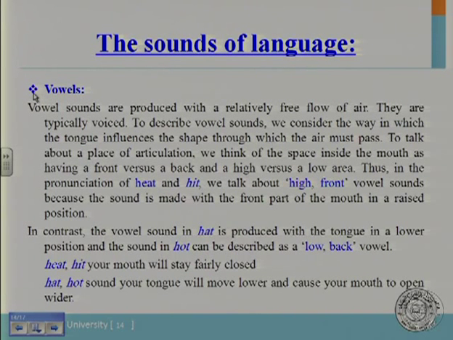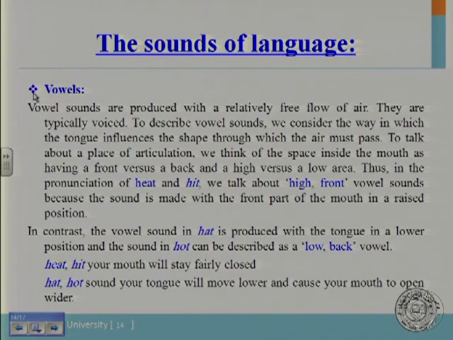Vowel sounds are produced with a relatively free flow of air, which means that there are no articulators responsible and no place of articulation. They are also typically voiced. All vowels are voiced sounds.